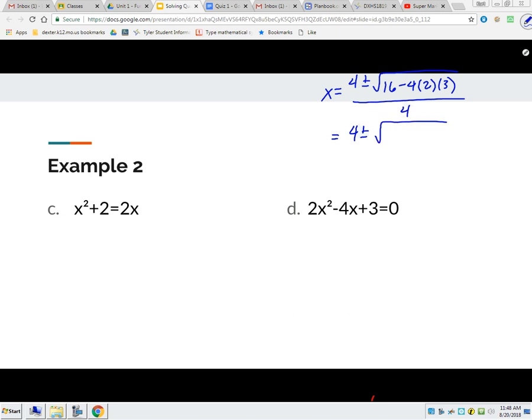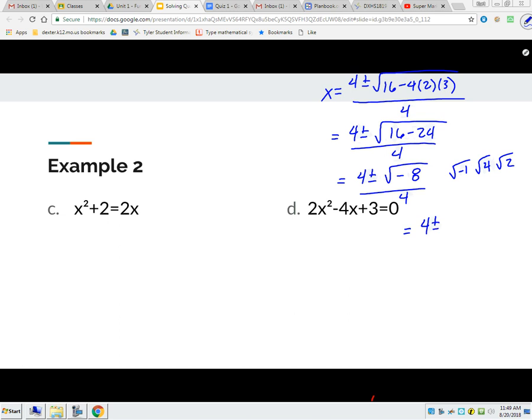Let's see, 4 times 2 times 3 is 24. Now notice I'm not canceling those 4's. I see they're going to cancel later, but I don't want to cancel them yet. I'm going to try to do all my cancellation in one step. 16 minus 24 is a negative 8. Now that negative 8, we talked about this last week. I can break that apart as a negative 1, a 4, a 2.